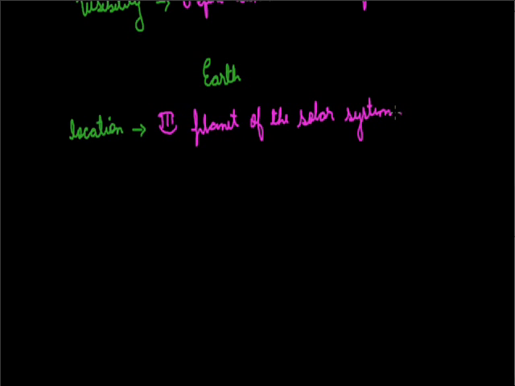Earth is considered as a most unique and special planet of the solar system because it is the only planet among 8 planets where the life exists. Earth also revolves around the sun, but it also rotates on its own axis.